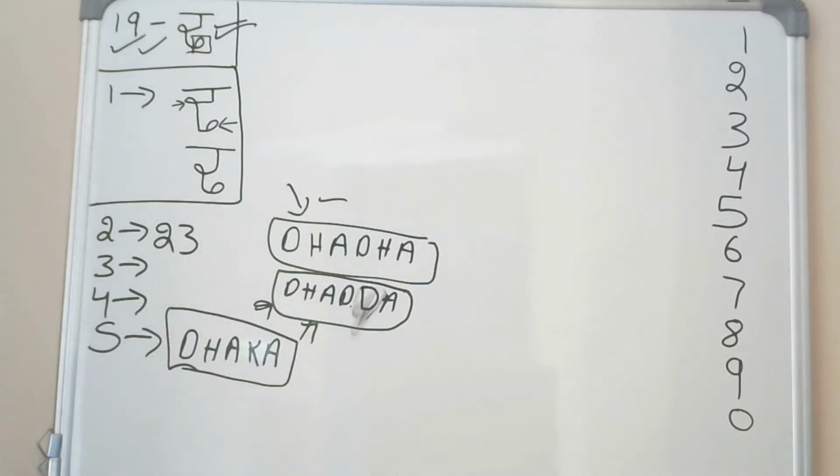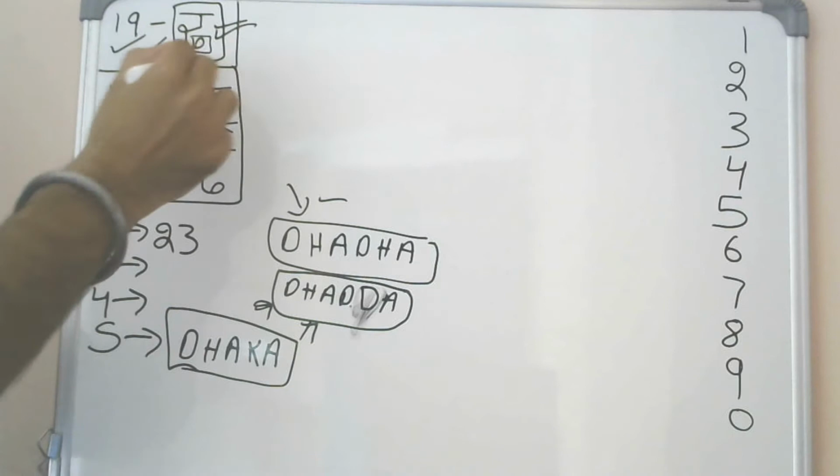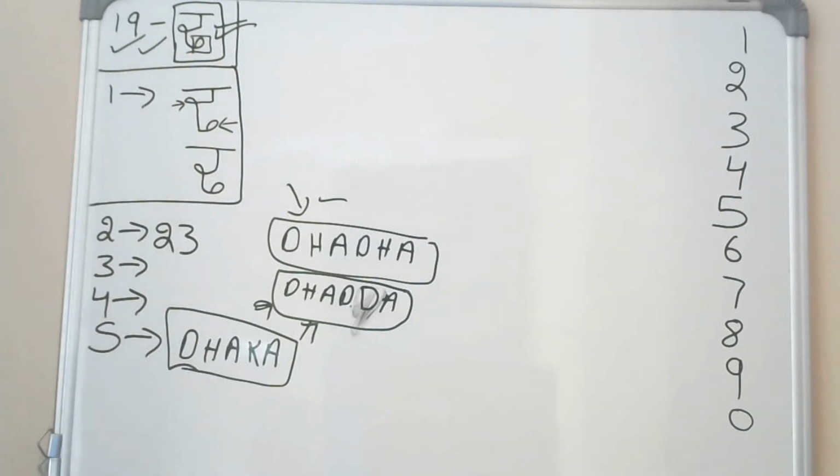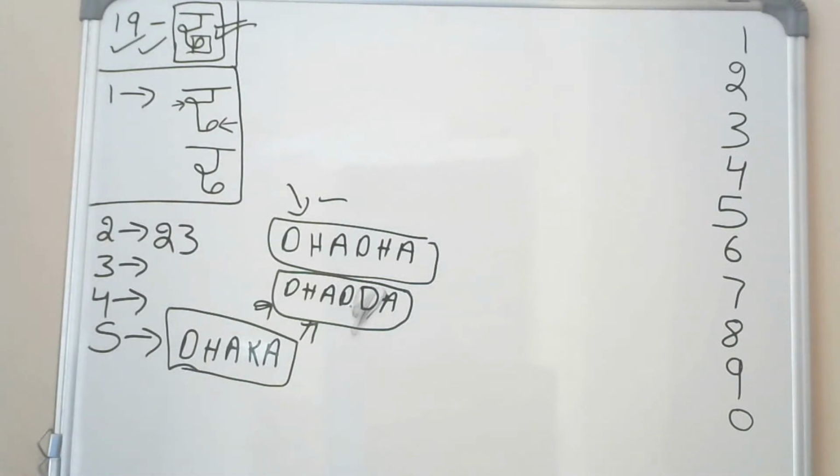If you are a Hindi speaker, in Hindi we say it Dhaka, but that dha sound we are not going to get from this letter, and it is wrong to say it in Punjabi. So in Punjabi we don't say Dhaka, we say Taka. That ta sound you are going to get from this letter, Taka.